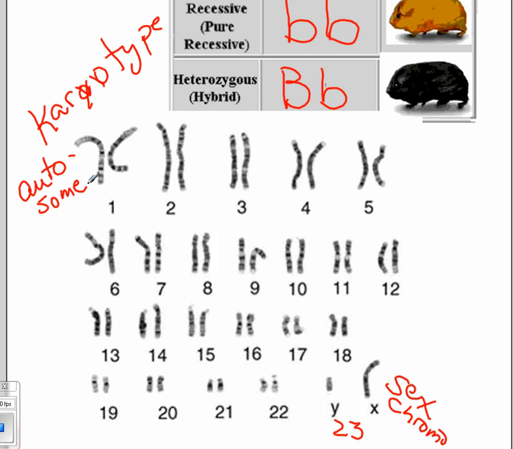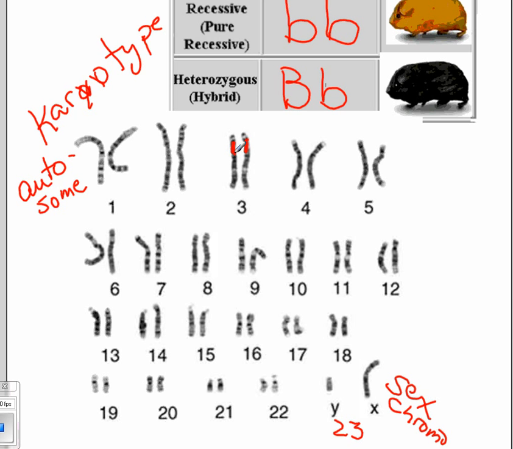What do chromosomes code for? Traits. Specifically, they're going to code for, like in a guinea pig, or for us, hair color. So it would be like chromosome 3 right here, and this would be a section.